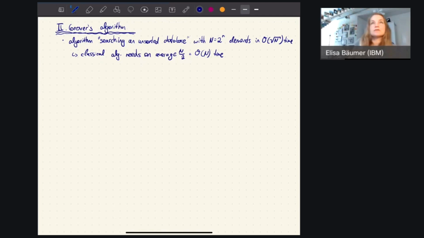So in the end, we can construct an algorithm that finds some element where we say, for example, we have a function that returns f(x) equal to 1 if it is the element that we're looking for, and it returns f(x) equal to 0 for all the other elements.